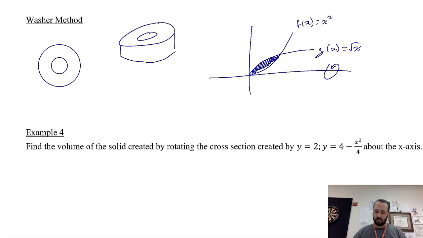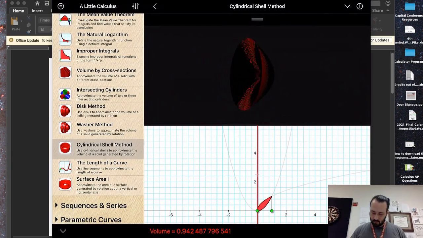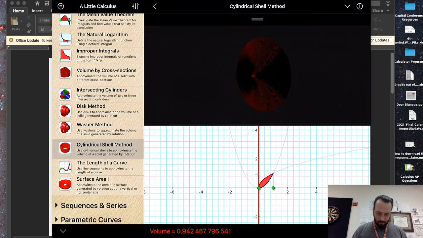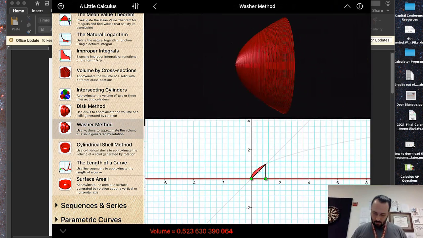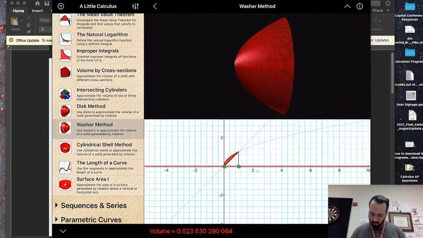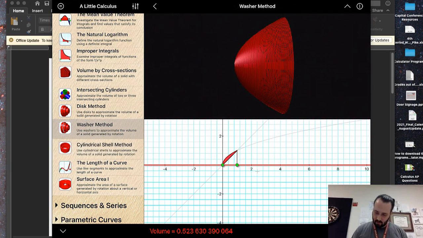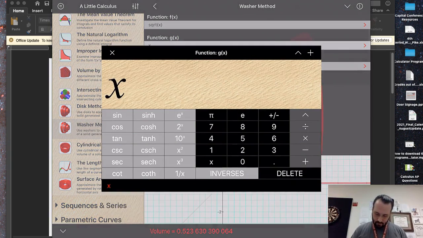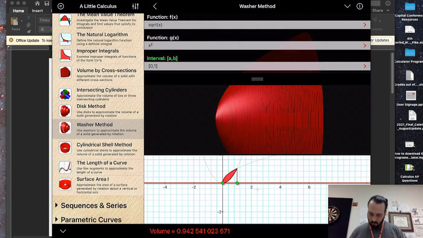And if I rotate this about the x-axis, I'm going to go back to this. Washer method. I don't know which functions I have here. I think that's linear. Let's see. X squared. Okay. All right.